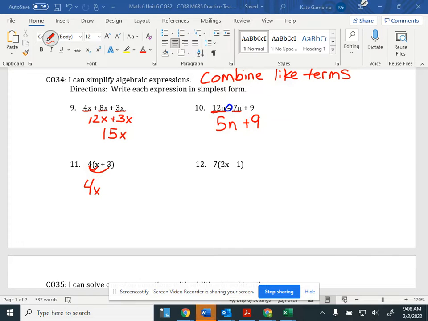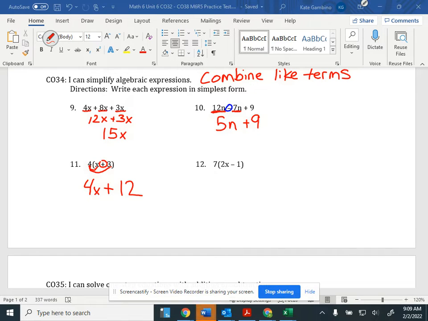Then 4 times 3 becomes what? 4 times 3. There's no x involved, so it's just 12. And then what's my operation in the middle? Okay, so that's all we're doing. We're multiplying that number on the outside of the parentheses into both numbers on the inside.